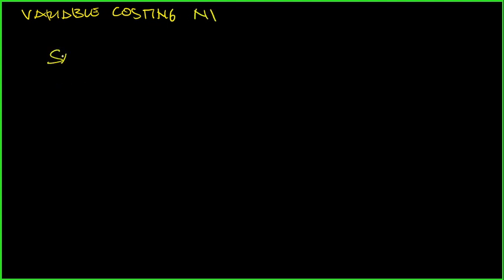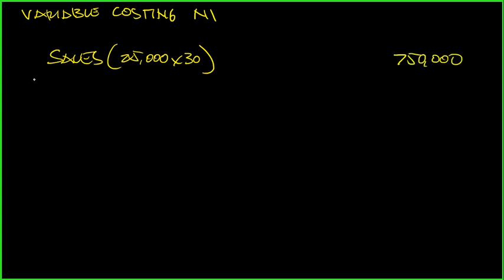Sales should be the same, 25,000 times 30, so this will be 750,000, less your variable cost, which is 10 plus 3, 13 times 25,000.